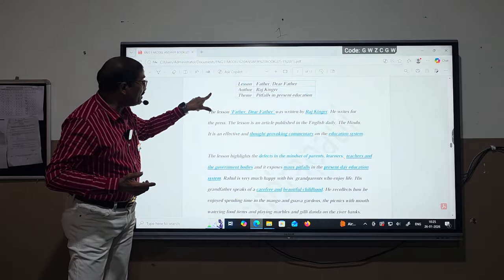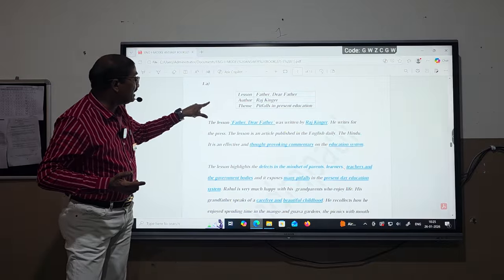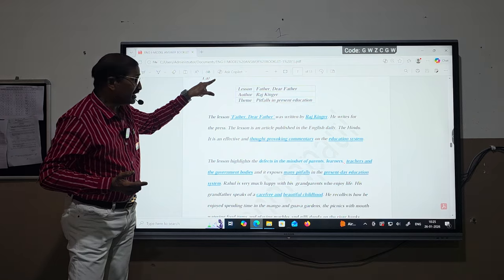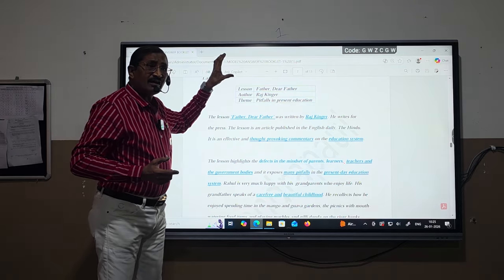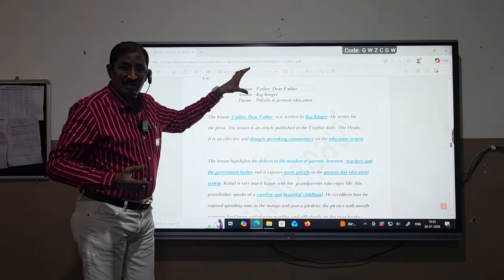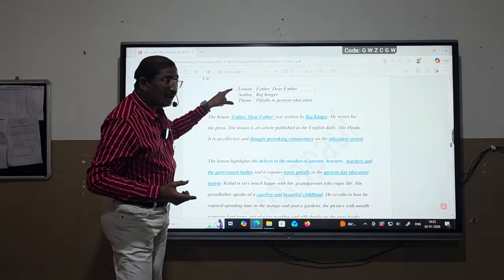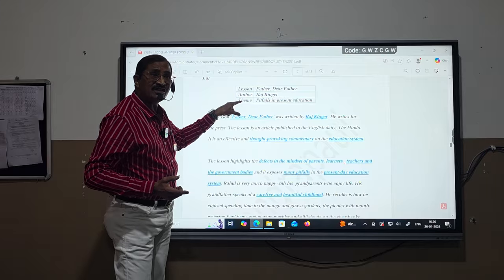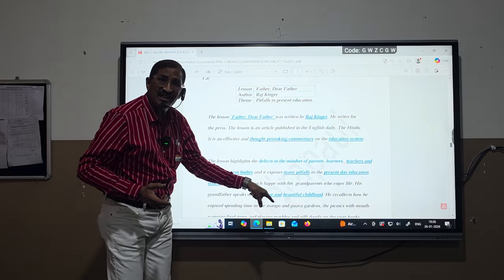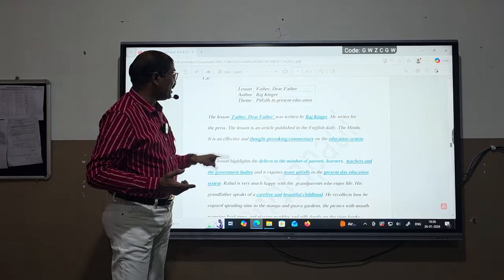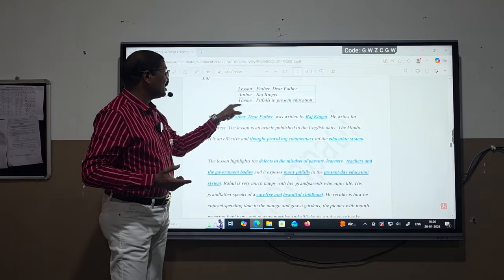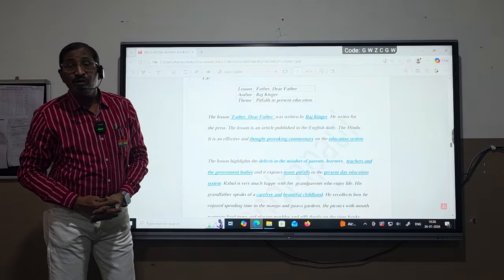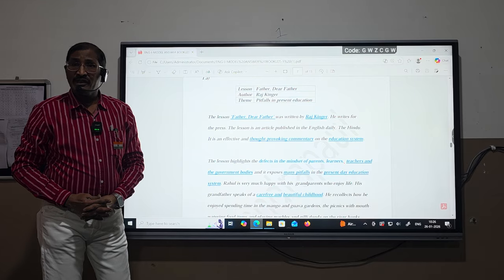Section A, question number, what is the question number? 1A. How to make the numbering. You have seen it. Every answer in this section should be with this box. Lesson, author, theme. Lesson, what is the lesson here? Father, Dear Father. Author, Raj Kinger. Theme, which falls in present education, or whatever other theme you like that comes to your mind.